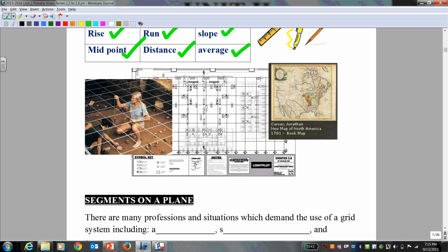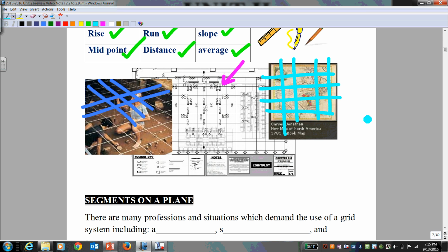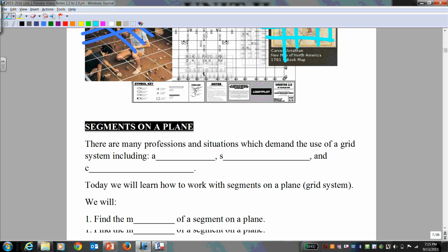Just a couple of them. Archaeologists make coordinates of their digs in order to document all finds. All kinds of graphic computer programming requires coordinate plane manipulation, digital graphics. Obviously, any GPS and cartographer kind of map makers require the use of coordinate planes.